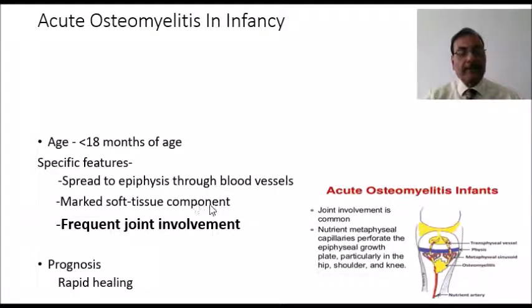There will be a marked soft tissue component and joint involvement, which we have seen, because the metaphyseal vessels are traversing to the epiphysis. It is below the age of 1.5 years. But when you start the treatment at the proper time, either medical or, if needed, surgical treatment, the healing is very rapid.